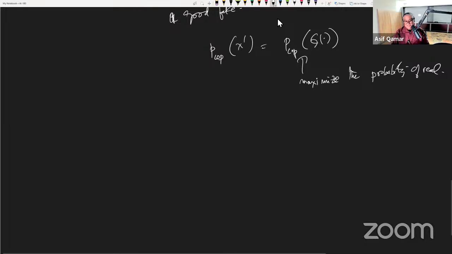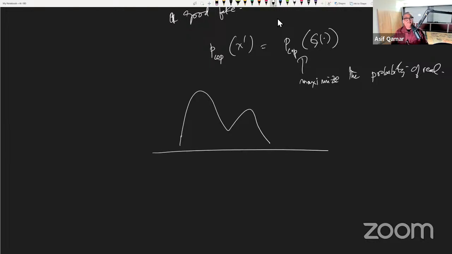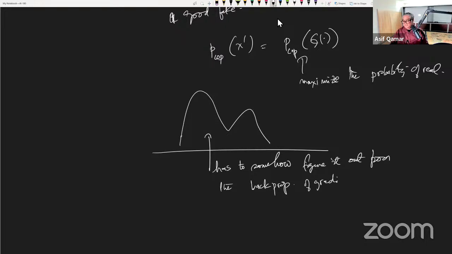So what happens is, or more precisely speaking, let's say that this is the actual distribution of the data. The crook essentially has to somehow figure it out from the backprop of gradients of the crook loss function.